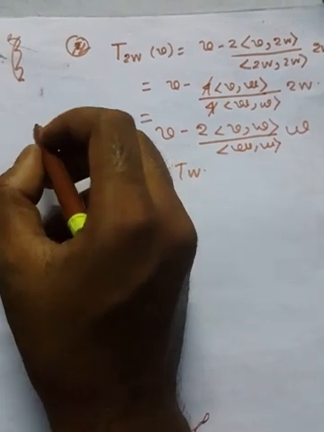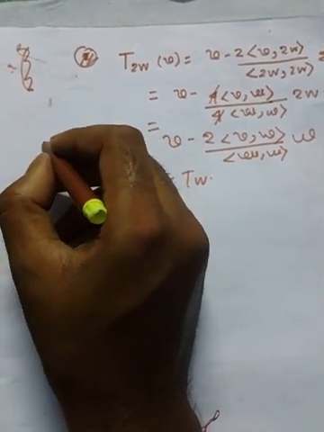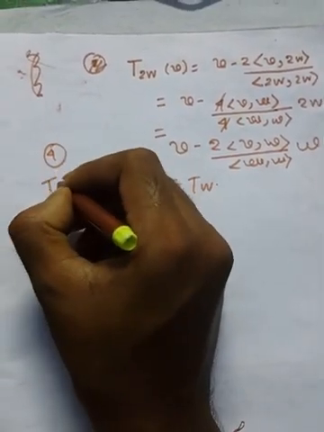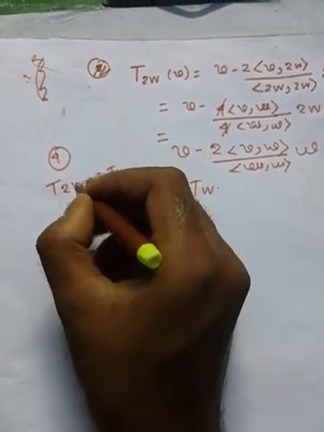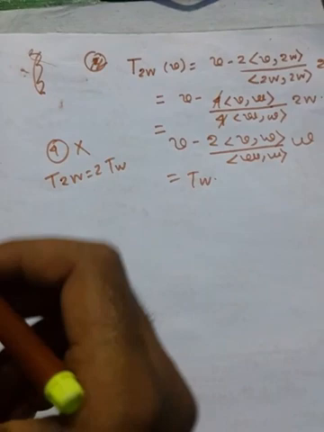So option 4, which says T of 2W equals 2 times TW, is a wrong option.